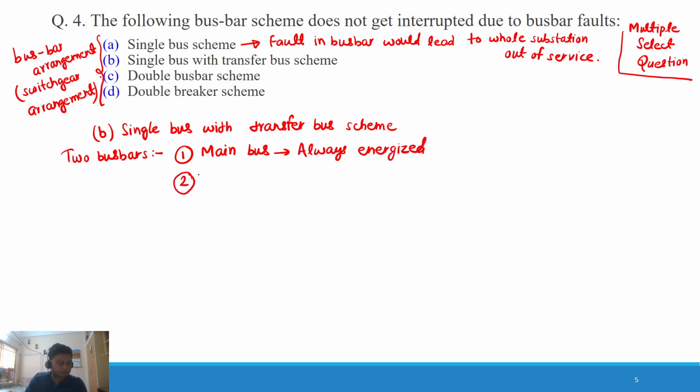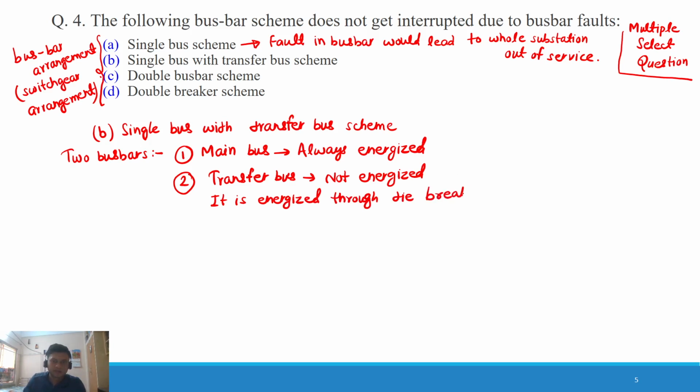And the second one is the transfer bus, not energized, and it is energized through the tie breaker by the main bus during circuit breaker maintenance.